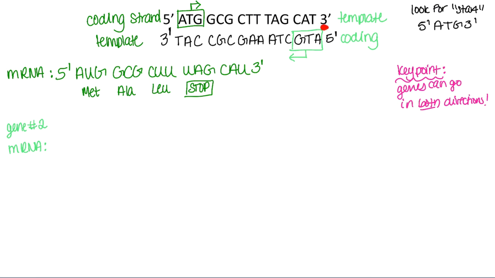So here's our 3' end, which means anti-parallel. So mRNA is going to start with 5'. We have TAC, which is going to be AUG. And then GAT, when that polymerase reads that, it's going to put in CUA.